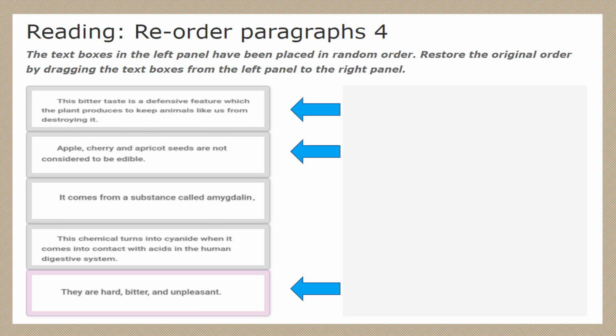Because they are bitter, this bitter taste is a defensive feature which the plant produces to keep animals like us from destroying it. It comes from a substance called amygdalin, so they're talking about it, which is in connection with the third one. And the final is a conclusion. This chemical turns into cyanide when it comes into contact with acids in the human digestive system.